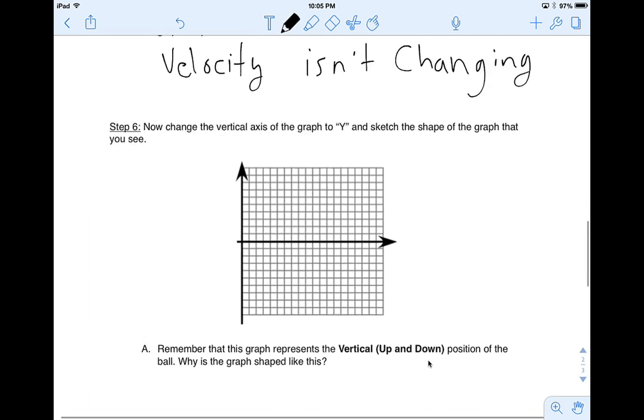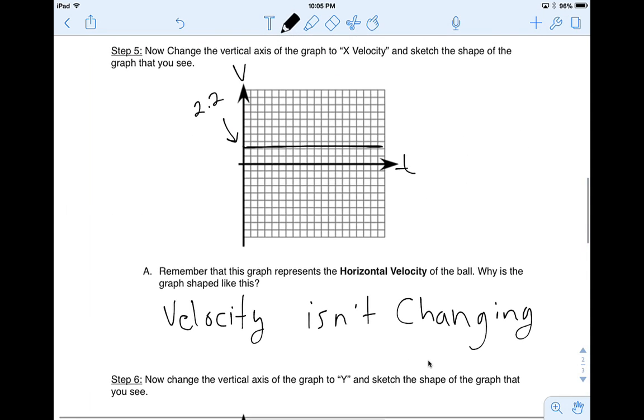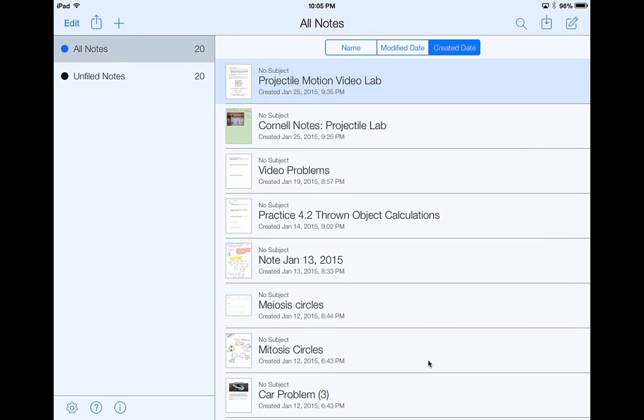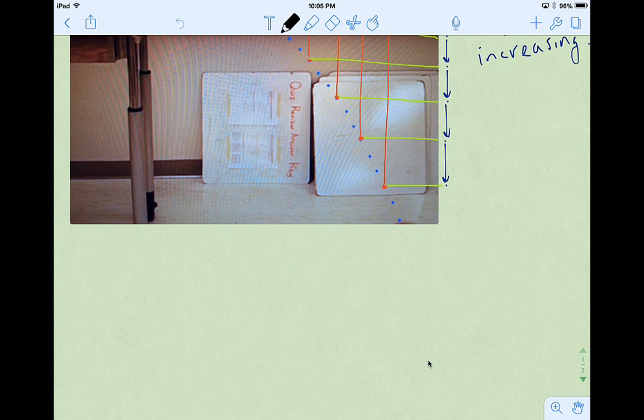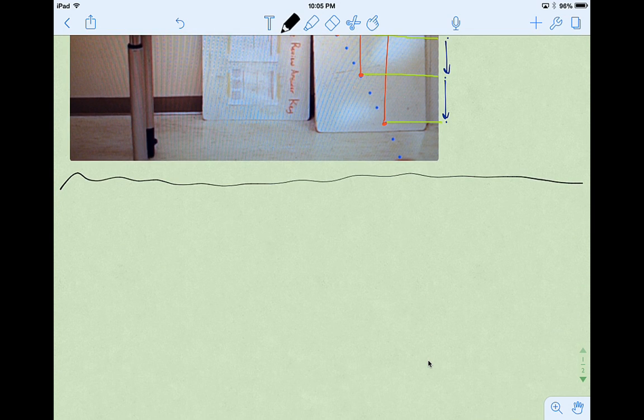Before we move on, I want you to flip back over to your Cornell notes and let's take a note. I'm going to divide my paper here. Let's take a note about horizontal motion.